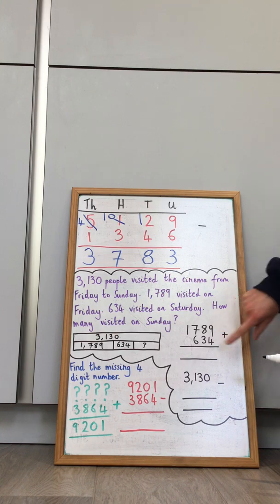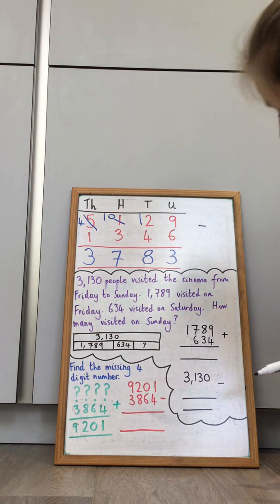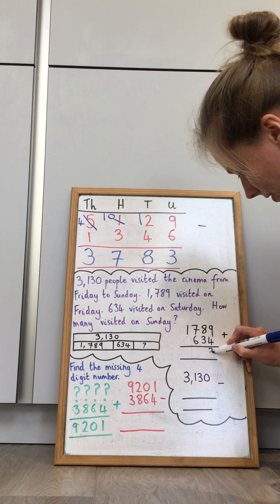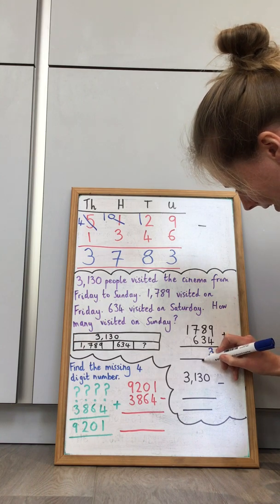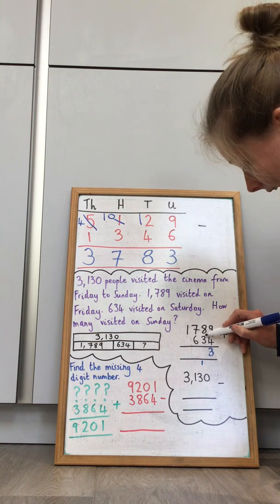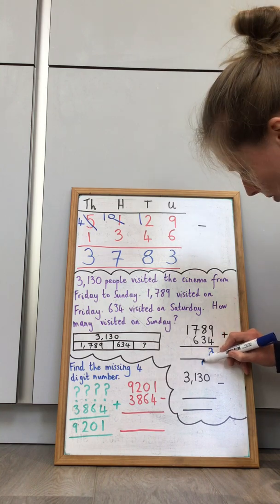1,789 plus 634. So using our column addition that we've learnt so well this week, 9 plus 4 is 13, so 3 goes in my units column and I need to carry over the extra 10. 8 plus 3 is 11, plus the extra 1 is 12.